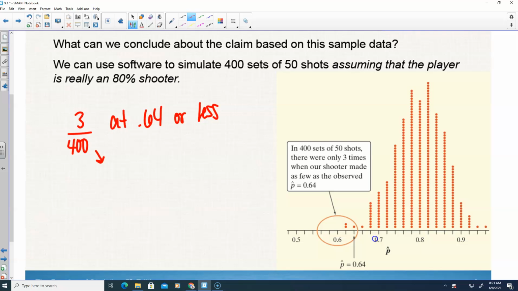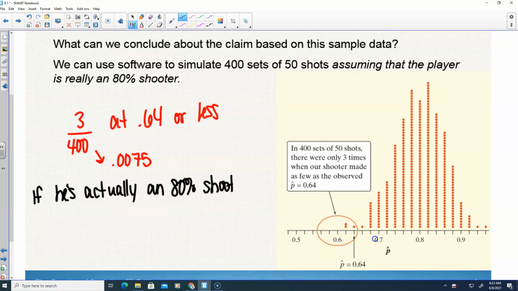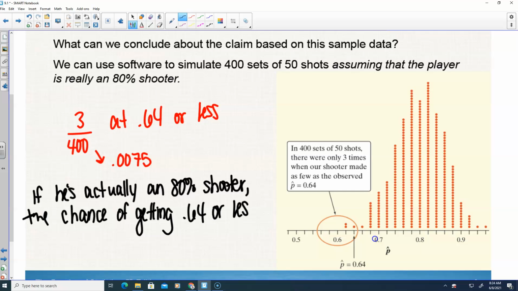So that is a 0.0075 chance that if he's really an 80% free throw shooter, the chance of 64% or less is 0.0075.